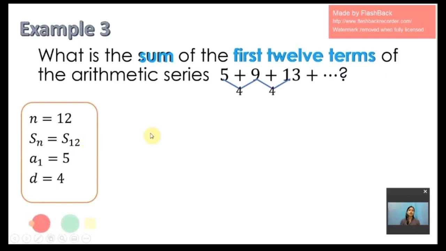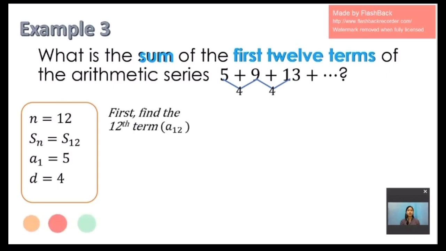The question is, which of the two formulas can be used to solve this problem? The first or the second formula? We can use either of the two. If we use the second formula, we will first find the 12th term, a sub 12.